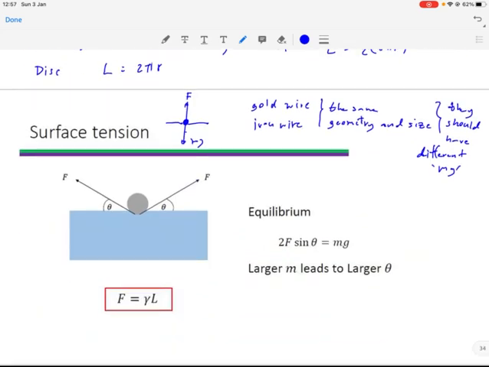Because in fact, when you put an object with different weight on the surface, what you will observe is the change of the surface of liquid. The change makes it from a flat surface to something like this. So the surface is now not flat anymore, and the direction of force acts on both sides.